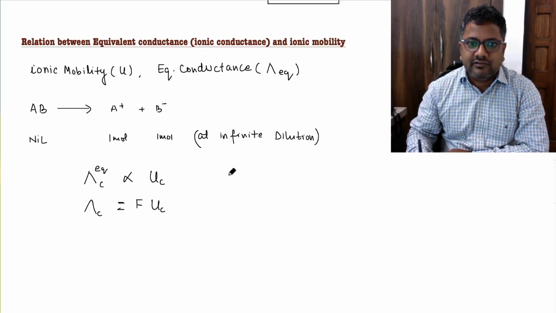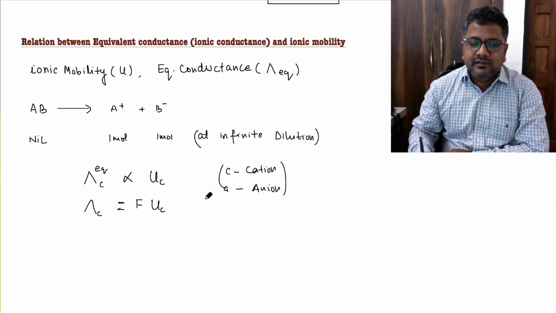So you can write lambda C for cation. C here I am using for cation, and I will use A for anion, right? So this is equation 1. Similarly, you can write lambda A is equal to F into UA.